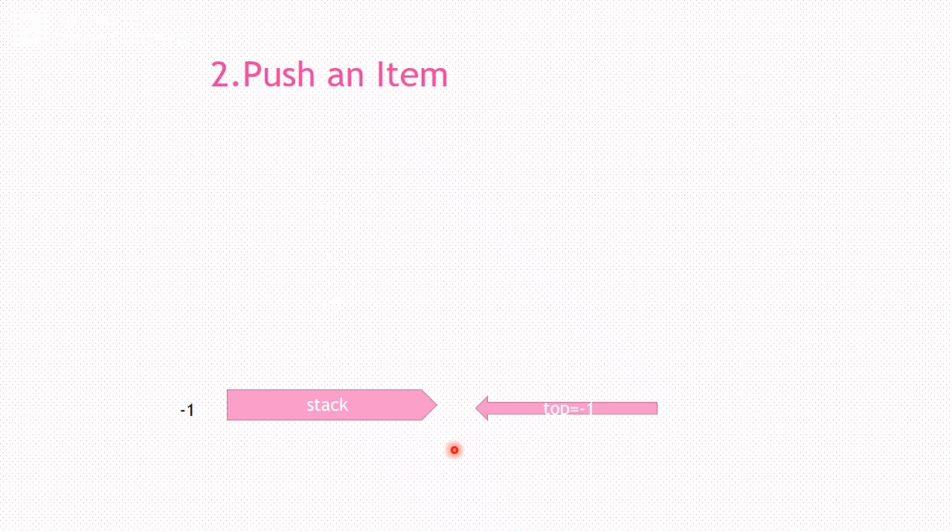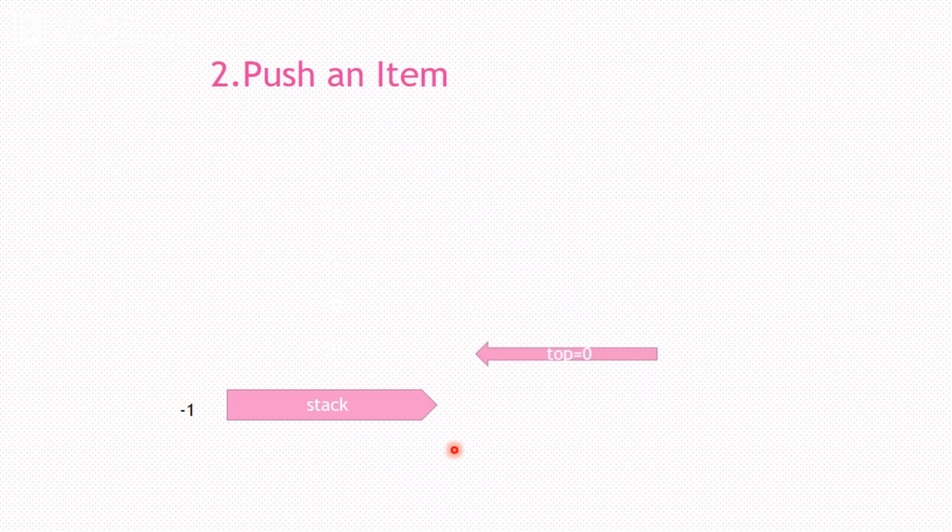That also we need to check. See here in this case I have allocated 4 locations. 4 is the maximum size. If you try to add the 5th element, it should tell me it's an overflow. No more elements are allowed to be added.